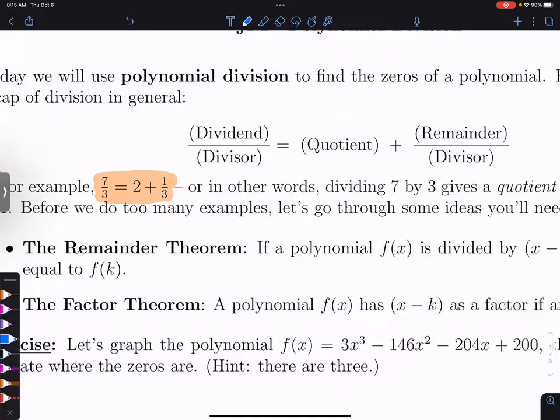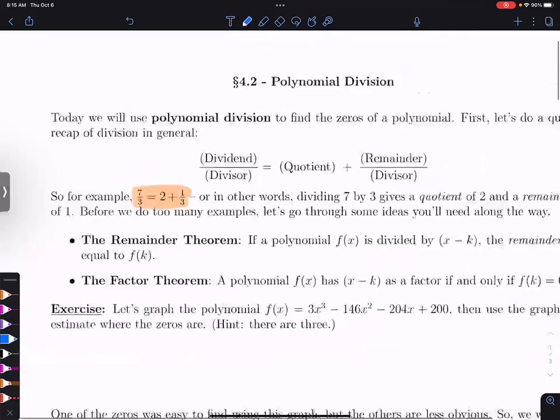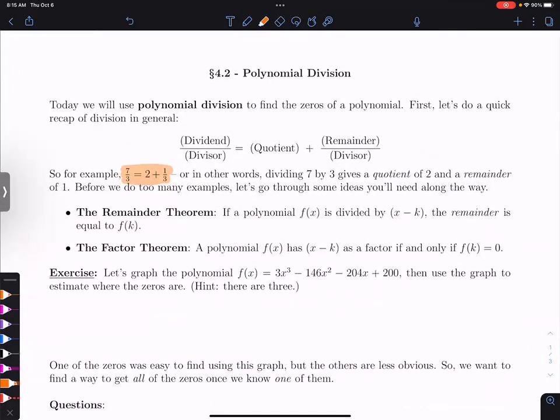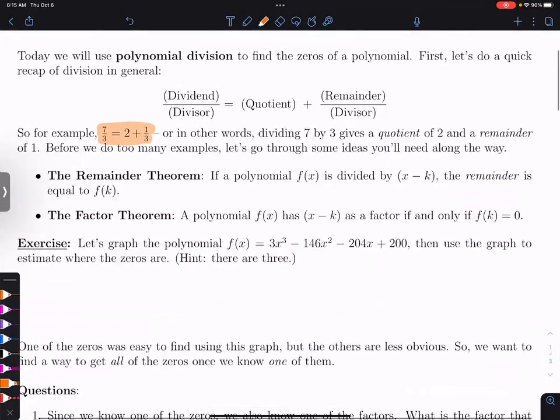So what we're going to be looking at is how division works for polynomials. There are a couple of ways that we can do this, and we'll get to the mechanics in a second. But the thing that we're relying on is a general result called the remainder theorem that says if you take a polynomial and divide it by something that looks like x minus k, where k is just some number, then the remainder is the same thing as f of k.